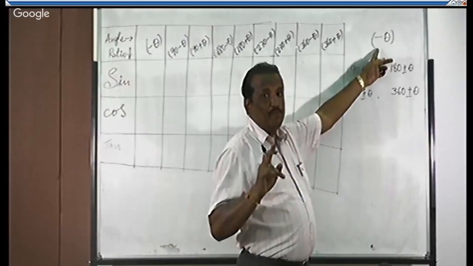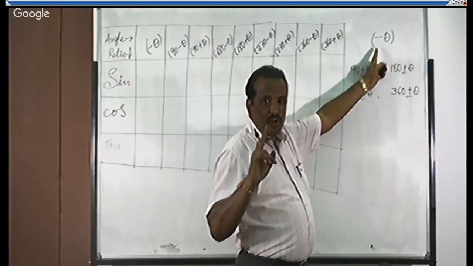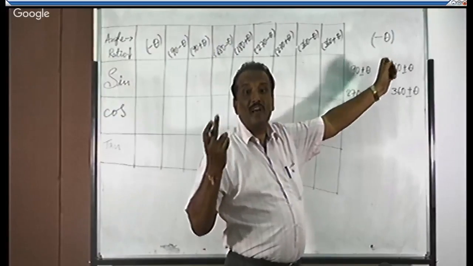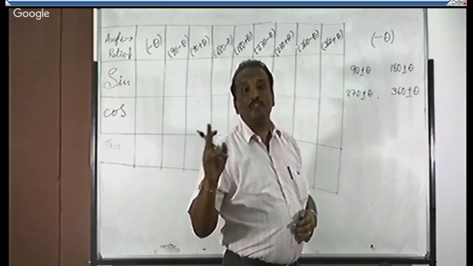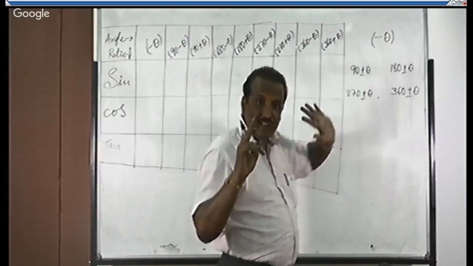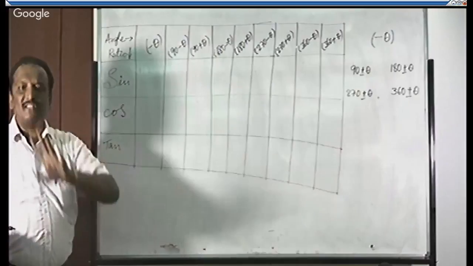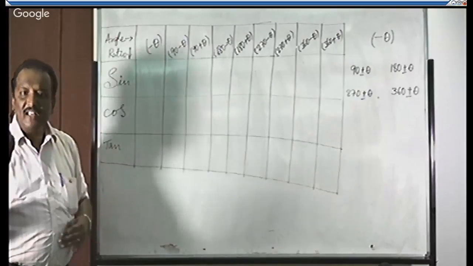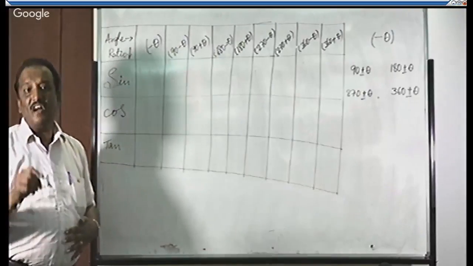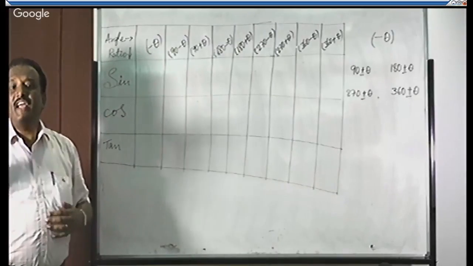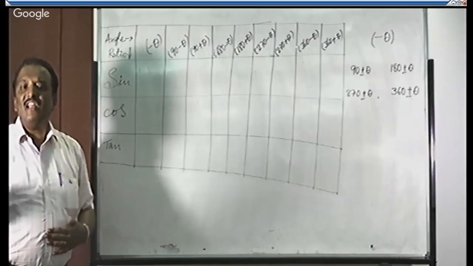Please remember, according to the ASTC rule, in the fourth quadrant only cos and its reciprocal secant are positive for minus theta. So we write cos of minus theta is plus cos theta, secant of minus theta is plus secant theta, and all other trigonometric functions will take a negative sign on the right hand side.